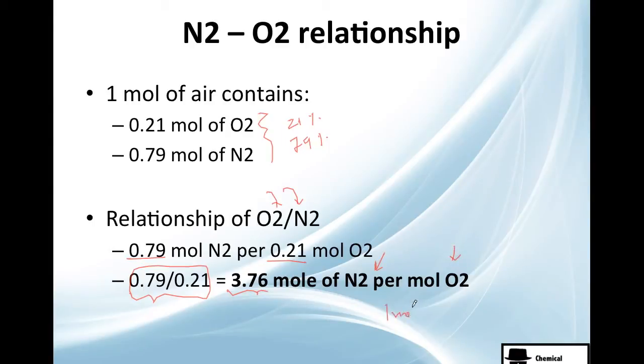So for 1 mole of O2, you have 3.76 moles of nitrogen, and this is called 1 mole of air. So learn it if you can do it. The most important part is to learn this one, I think. This is a plus, this will help you a lot, but you need to learn this one.